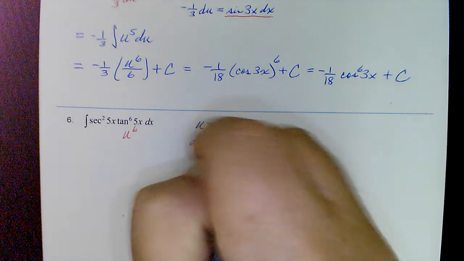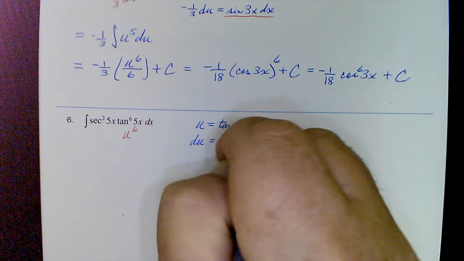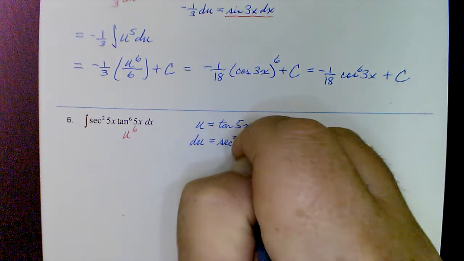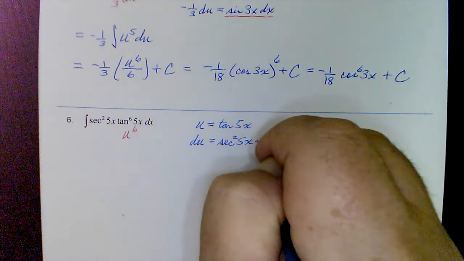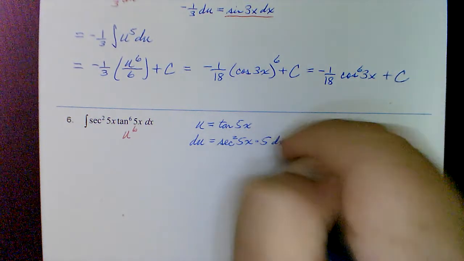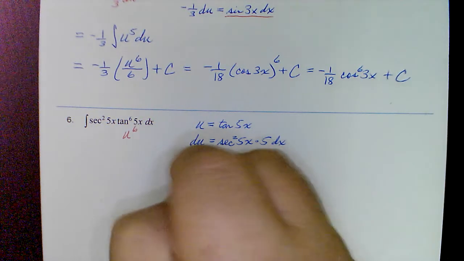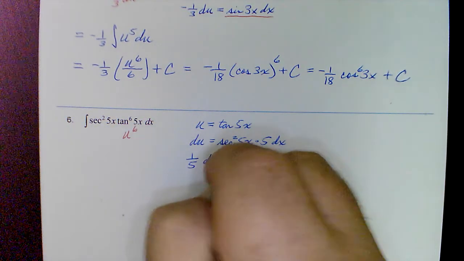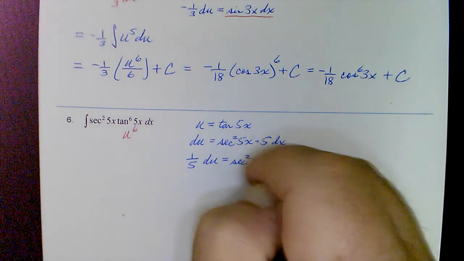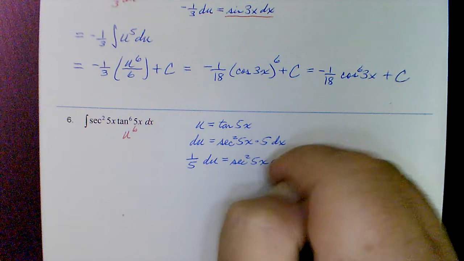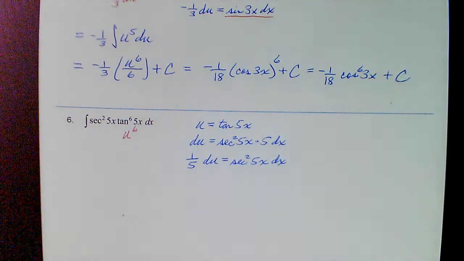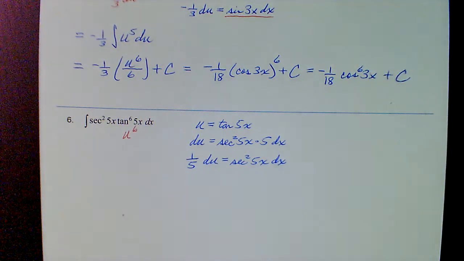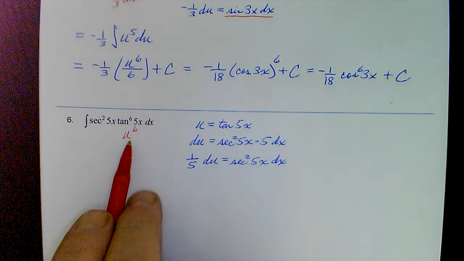Okay, the du is then calculated, derivative of tangent, secant squared, same argument 5x, don't forget times 5, differential dx as well. Modified, we get 1/5 du is secant squared of 5x dx. Okay, look back at the integral. We've accounted for u to the n, or u to the 6th in particular.